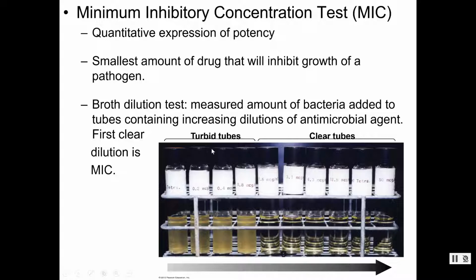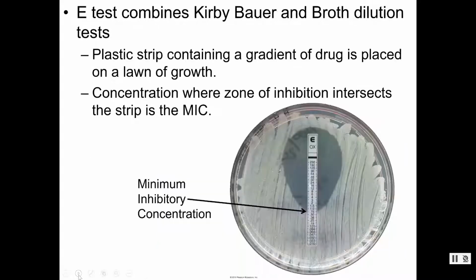Vocabulary: when we see this cloudy, remember that's turbid. All right, so this is a way that you can determine the MIC, the minimum inhibitory concentration. Now, drug companies are smart, and we are continually doing new things. There is something called an E-test that combines these two tests. We can do our Kirby-Bauer, where we take a strip and put it on there, but this strip, instead of being one single dose, is actually a strip that has these dilutions.